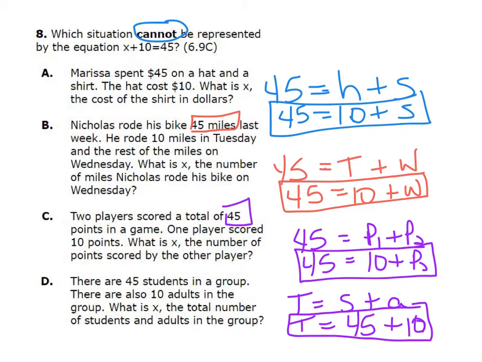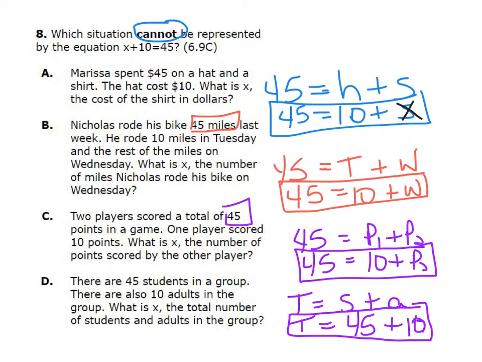So let's go back to our question. It says, which situation cannot be represented by the equation x plus 10 equals 45? So we have 45 equals 10 plus s. Well, s is a missing number. It could be replaced with x. So 45 equals 10 plus x.